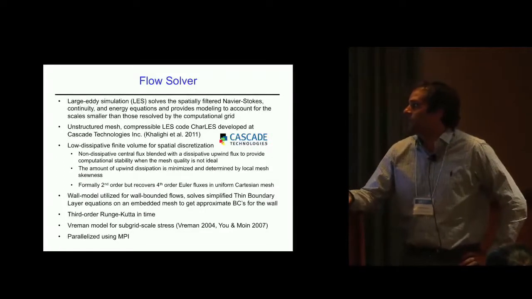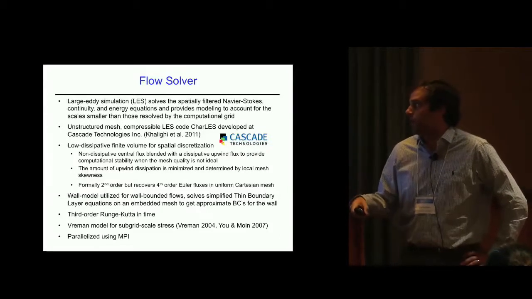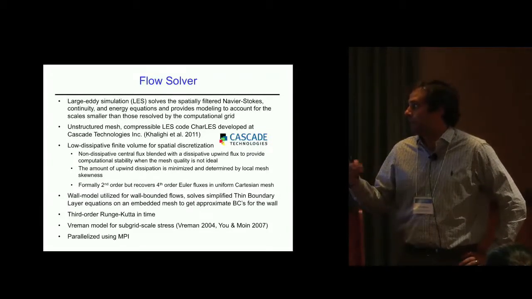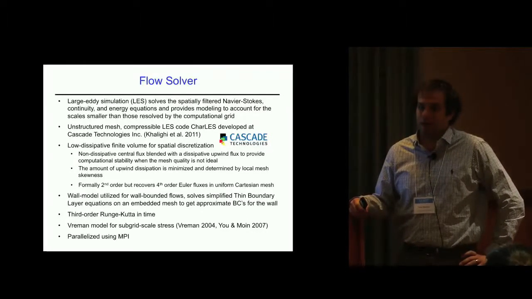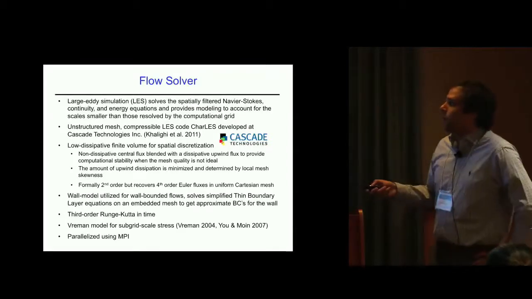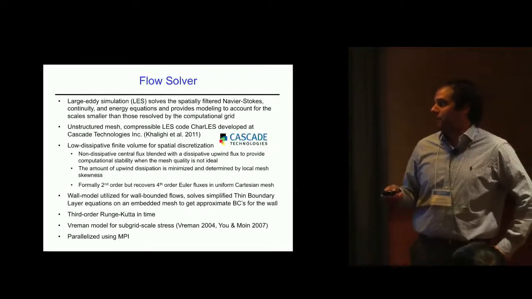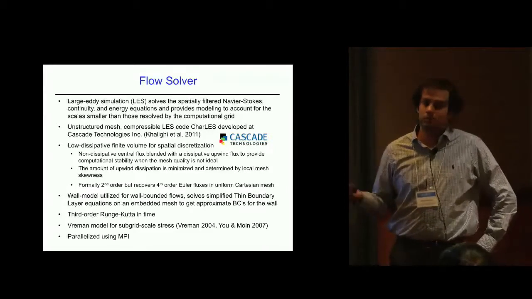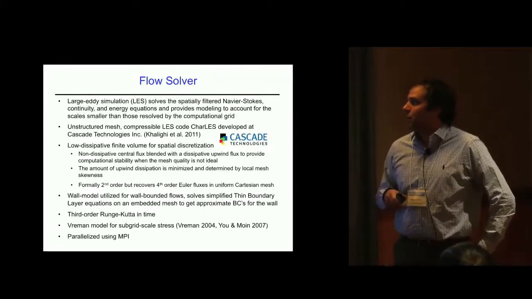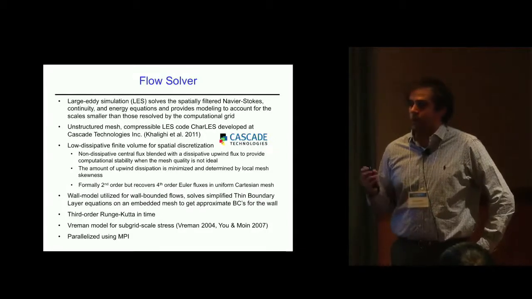The amount of upwind, though, is really minimized and it's local, like I said, determined by the local mesh skewness. So if you're really good with your mesh, and it does take some iterations, you can still maintain a high quality simulation. Formally, it's second order, but the nice thing about the flux reconstruction is that in uniform Cartesian meshes, it has fourth order instead of the second order.